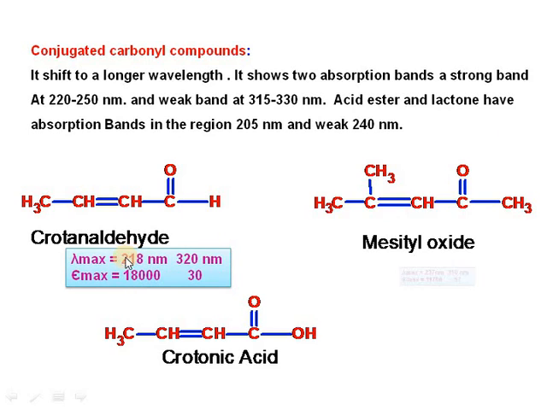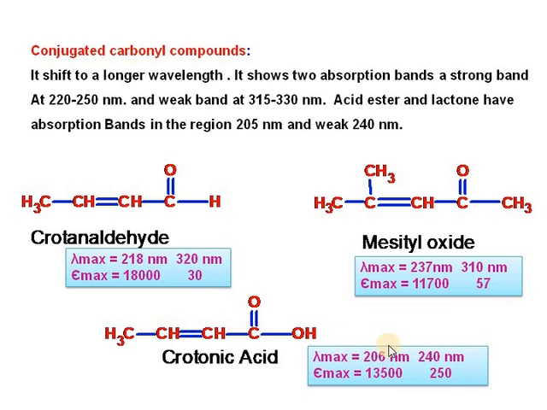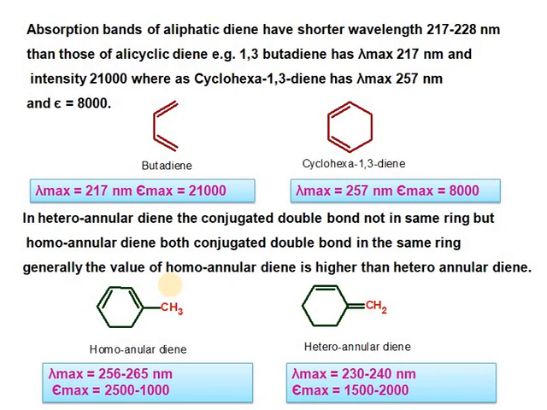Mesityl oxide also increases the value to 237 nanometers, but in simple ketones the value is about 200. It also increases for acids, like 206 nanometers, right? So from these three examples, we observe that if the conjugation increases, the value of lambda max increases.